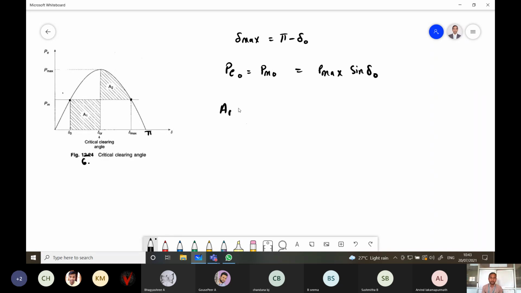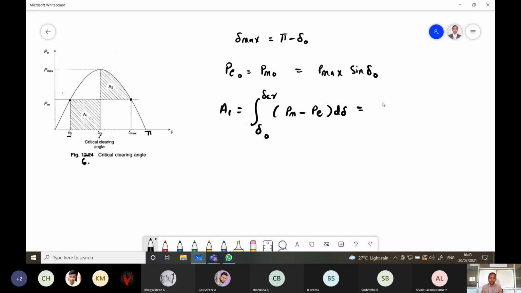Therefore A1 is given by the integration of delta naught to delta CR, that gives the A1 rectangle. Pm minus Pe, because it is the accelerating area, Pm is greater than Pe, d delta.